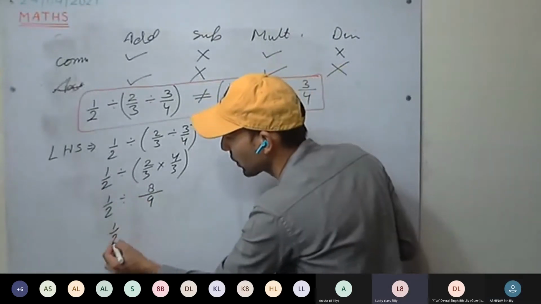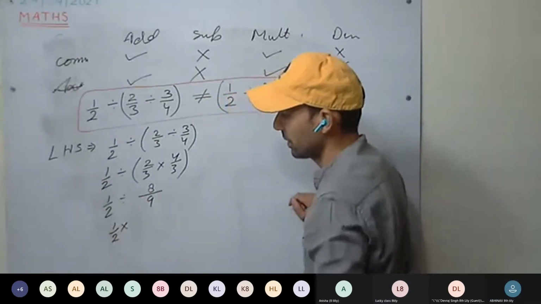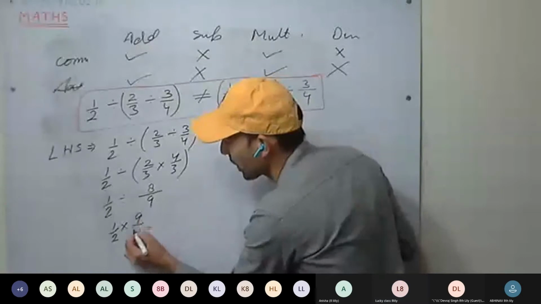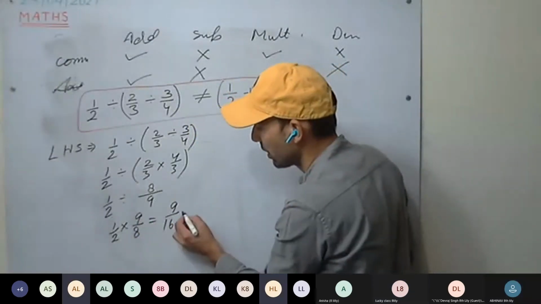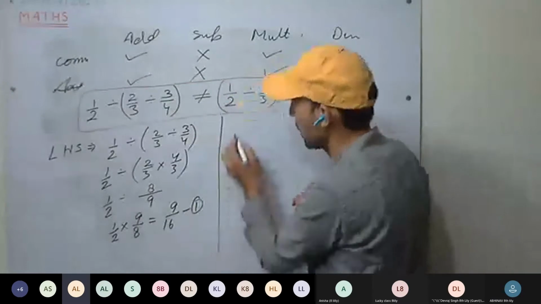Now again take the reciprocal, 1/2 × 9/8. How much are we getting? 9 upon 16. This is our first answer.